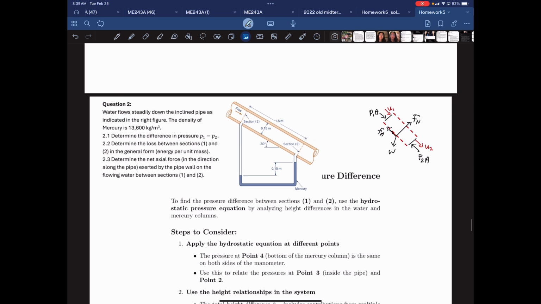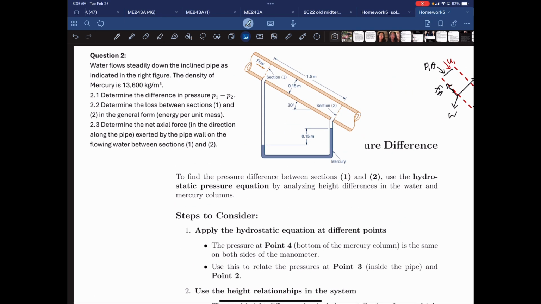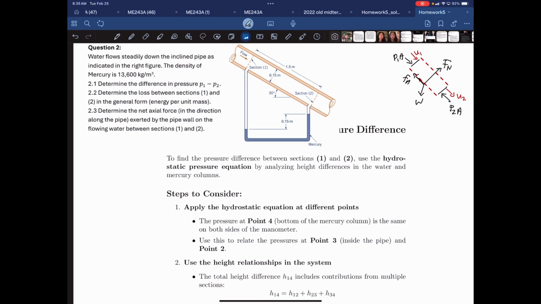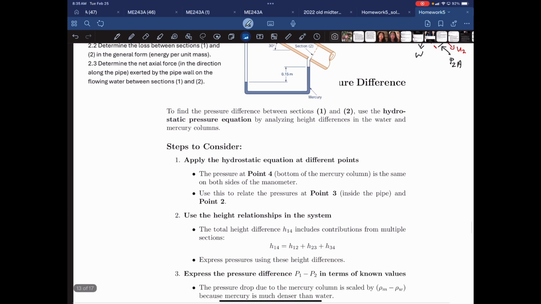We need to determine the pressure difference, P1 minus P2, and it tells you pretty straight up, so we don't have to worry about any confusing wording for that part. It gives you the density for mercury, and we have the inclined pipe right here, in 2 sections, which is important to note. It has a couple heights, and you're going to have to apply those height differences to find the pressure differences.